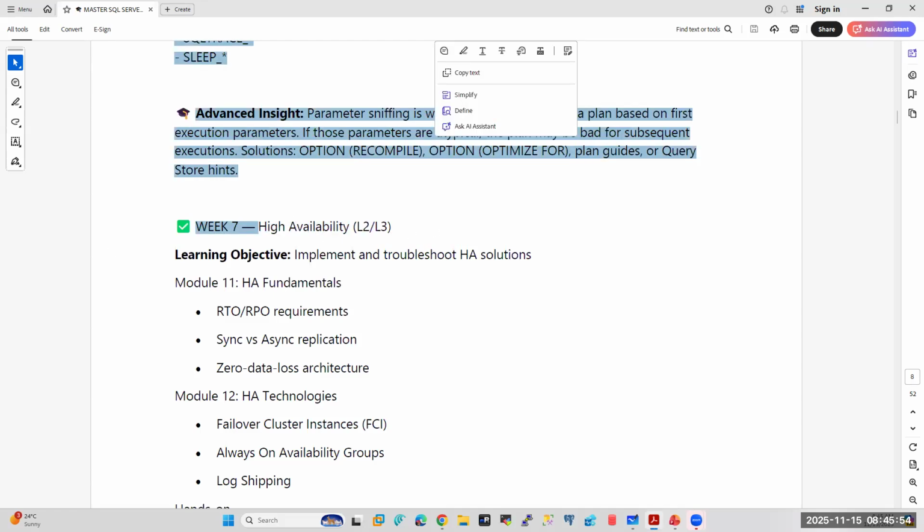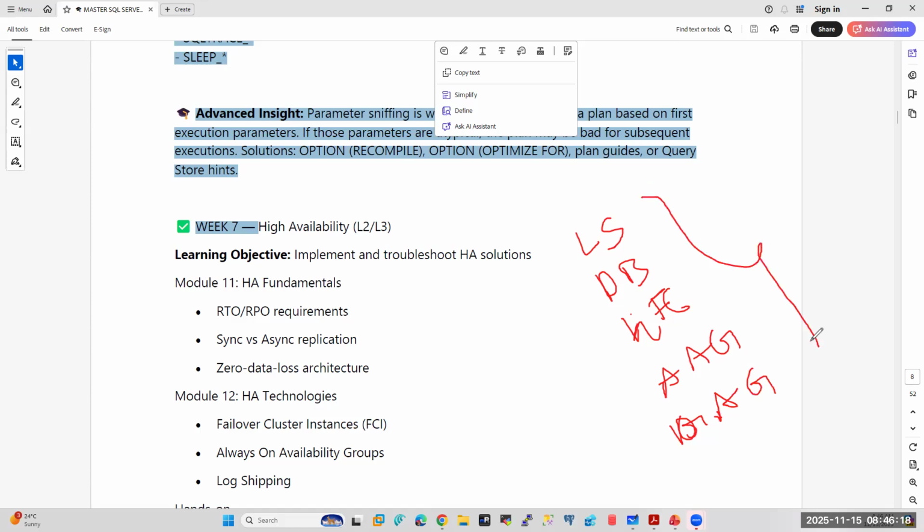Okay, so we have different types of high availability like LS, log shipping, DB mirroring, okay, and clusters, WSFC clusters, and AAG, Always On availability group, DAG, distributed Always On availability group. So all these concepts we are going to discuss.